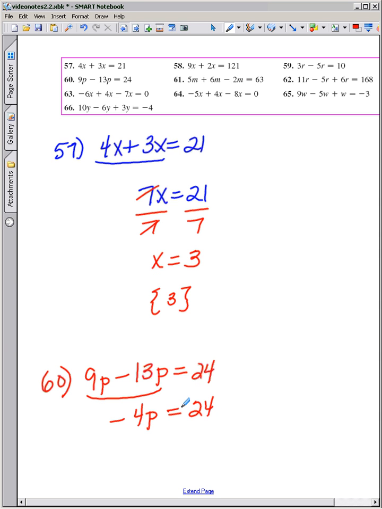So here I have a negative 4 multiplied by p. So to eliminate that negative 4, I can divide both sides by negative 4. So in this case, my solution is p is equal to negative 6. Really, the tricky things are just looking at the signs. When you divide and multiply and add and subtract signed numbers, just be really careful about that. Okay.